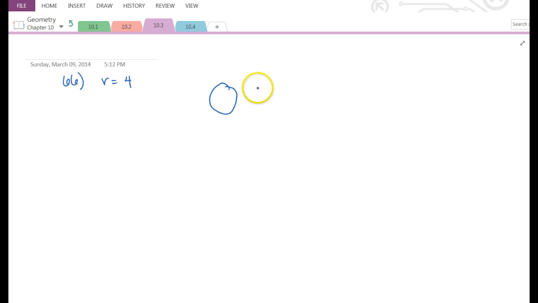I had 4 circles right next to each other. It's kind of a crappy drawing, they're all supposed to be touching. And then the shaded area was in here. And I had radius being shown for all of these.